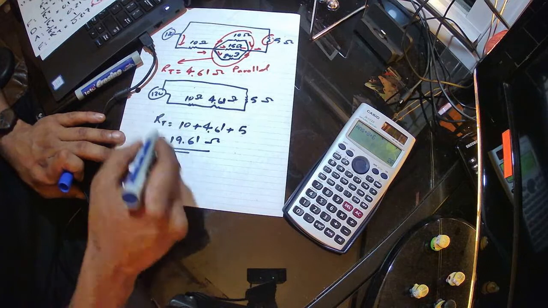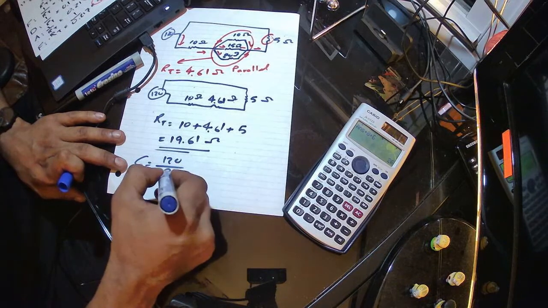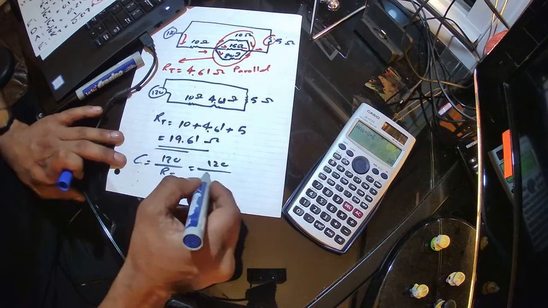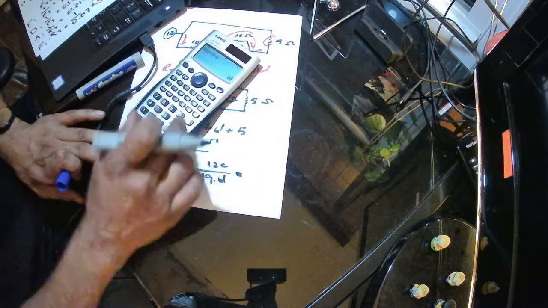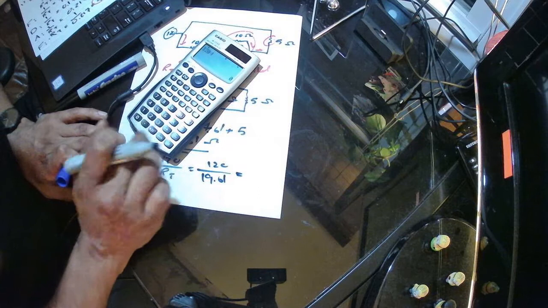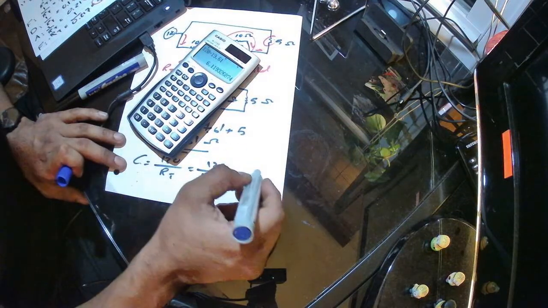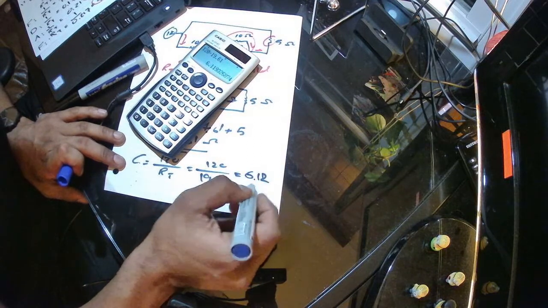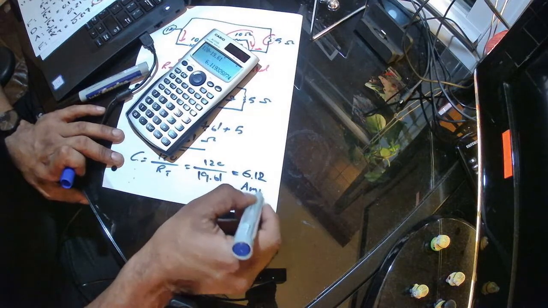If I would like to find the current, it's 120 over RT, which equals 120 over 19.61 equals 6.12, rounding up, amps.